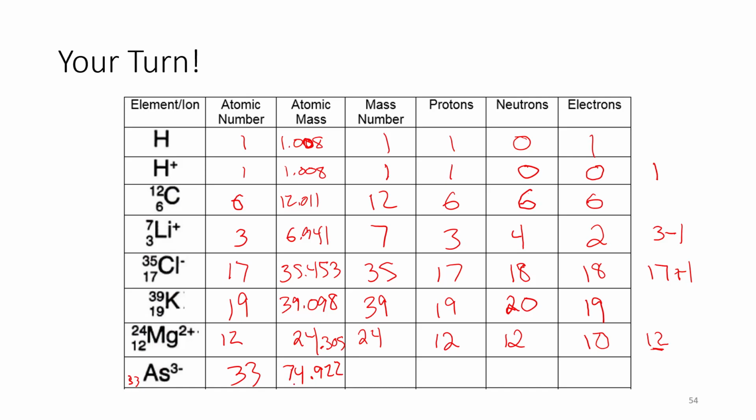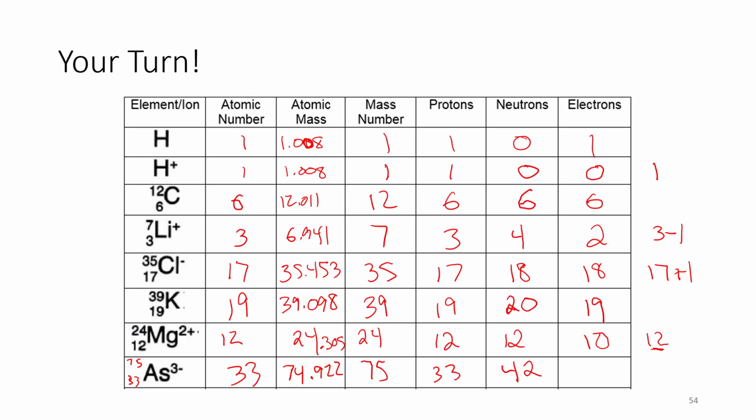And when we round that, it just becomes 75. The number of protons is equal to the atomic number. The number of neutrons is equal to the mass number minus the atomic number. So we do 75 minus 33, and we get 42.